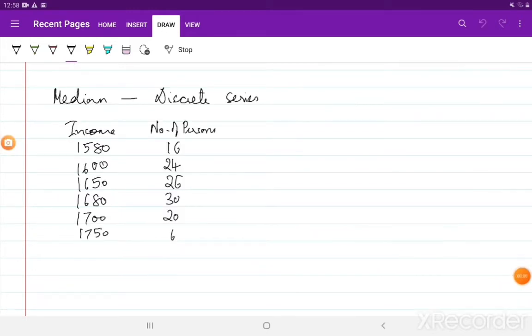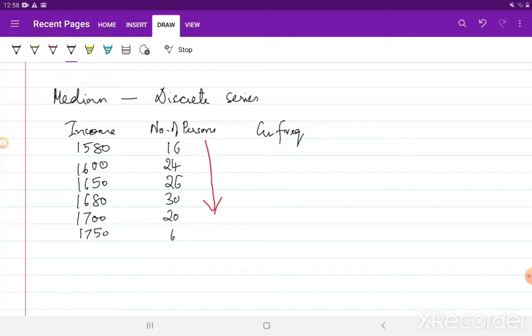If you have a discrete series and its related frequency table, as is shown in this example, you can find the median by calculating the cumulative frequency table. So by cumulative frequency, I am going to use the less than ogive numbers.